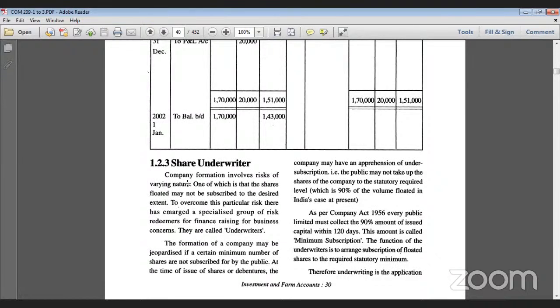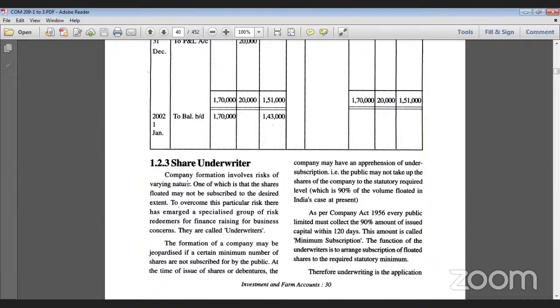Share underwriting: company formation involves the risk that the shares floated may not be subscribed to the desired extent. To overcome this particular risk, there has emerged a specific group that redeems the financial risk for the business.